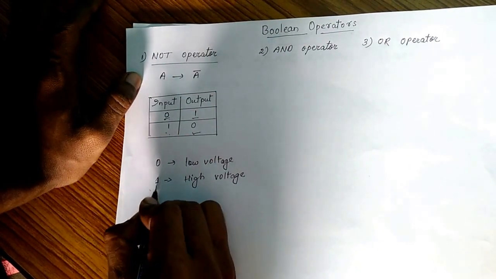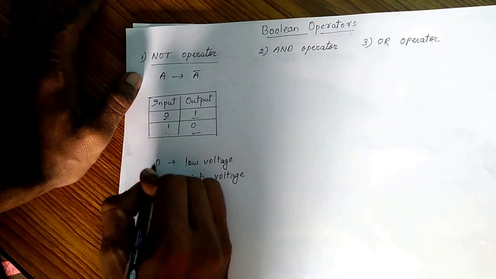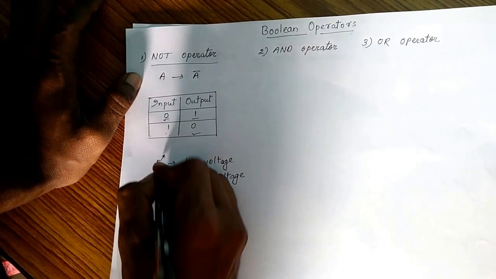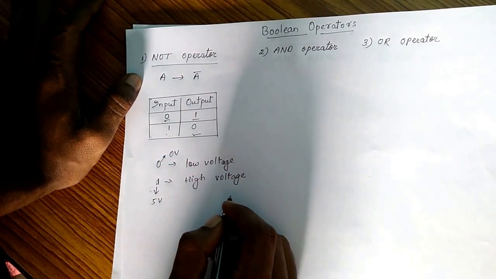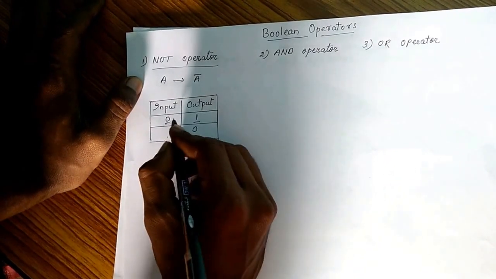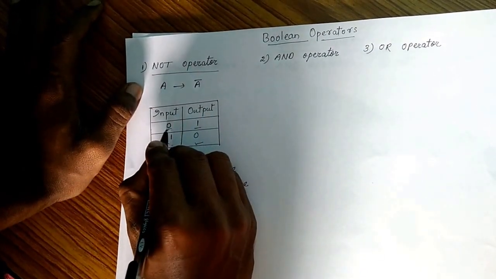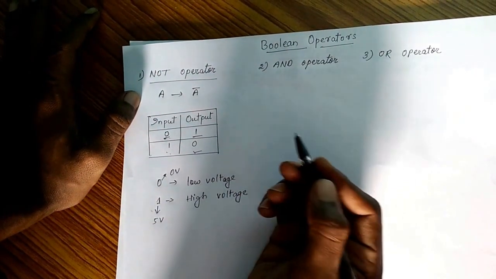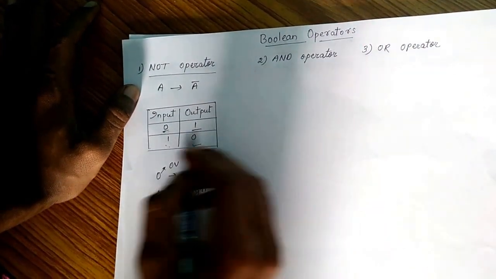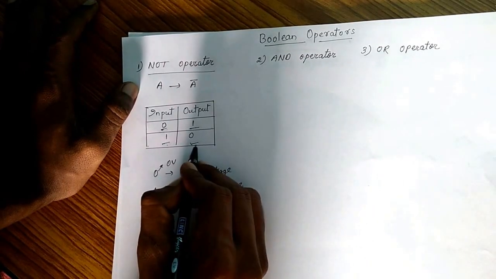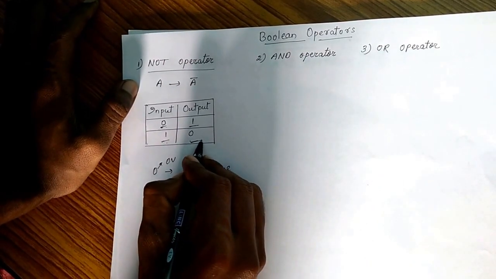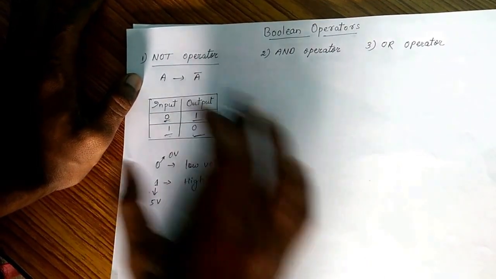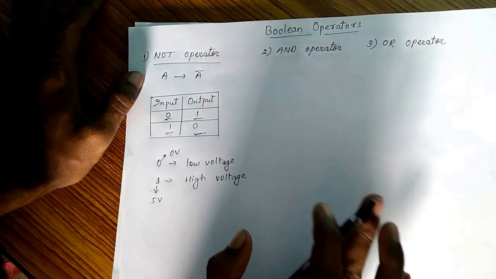High voltage means nearly equal to 5 volts and low voltage means nearly equal to 0 volts. That means if the input is low voltage, then we get high voltage output. And in the NOT operator, if the input is high voltage, then we get the output as low voltage. This is the whole description of the NOT operator.